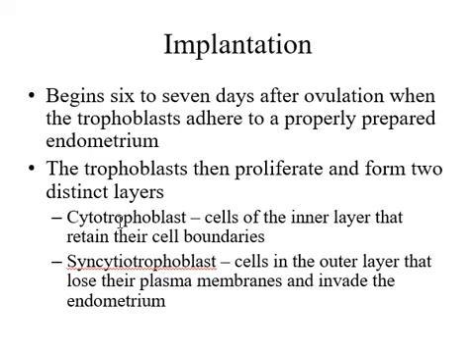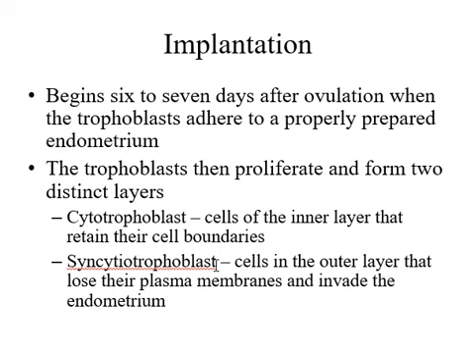So implantation begins on the 6th and 7th day after ovulation, when the trophoblast adheres to a properly prepared endometrium, which is known as decidua. The trophoblast then proliferates and forms two distinct layers, the cytotrophoblastic cells or cytotrophoblast and the syncytiotrophoblast.